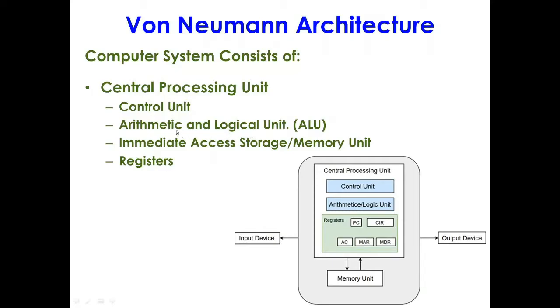Arithmetic operations include addition, subtraction, multiplication and division, and logical means comparisons like equal, less than, greater than, or less or equal. Immediate access storage was used to store the instructions and program, and the registers we will discuss in a while. It is the storage location inside the processor.